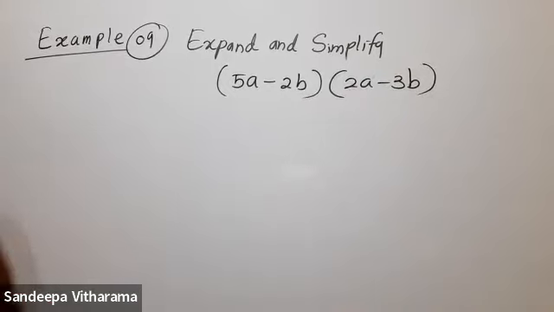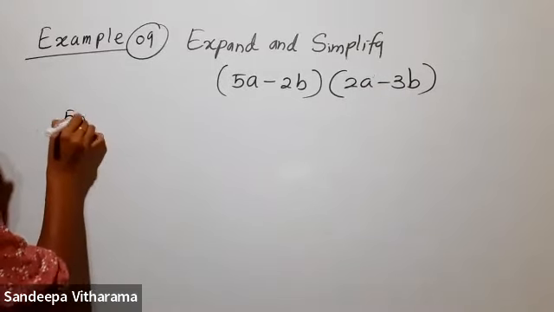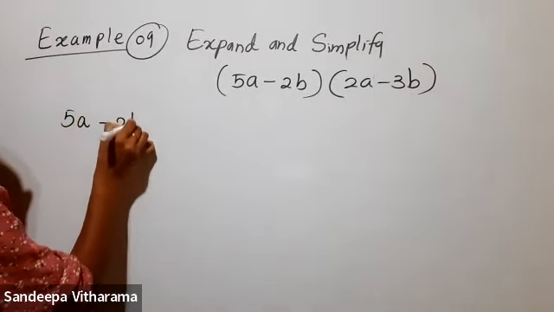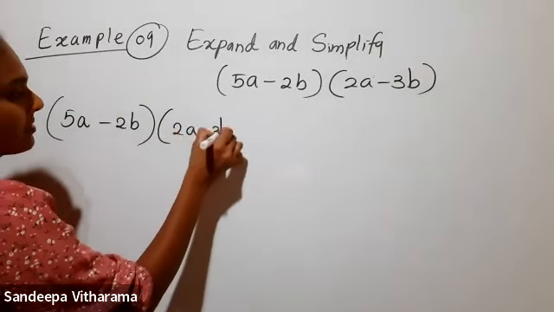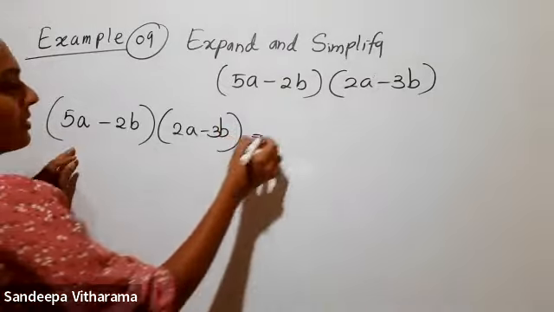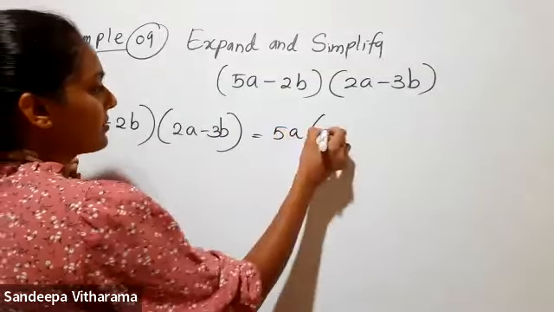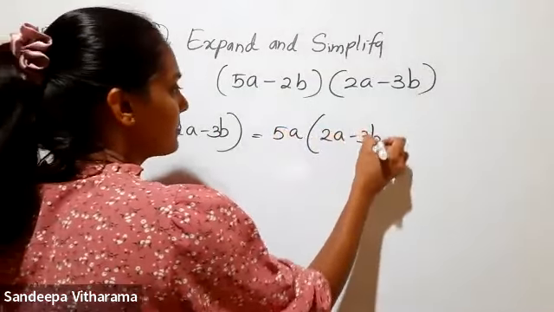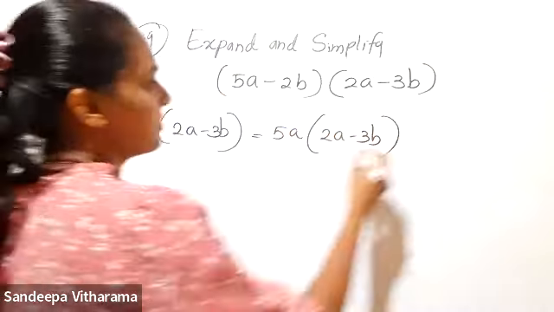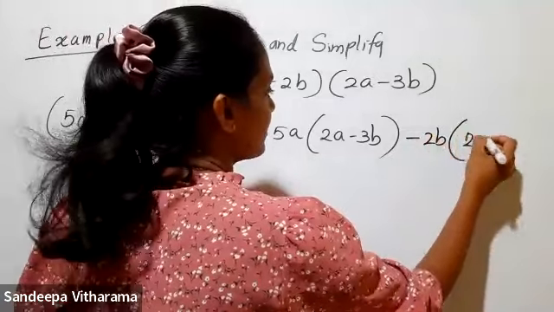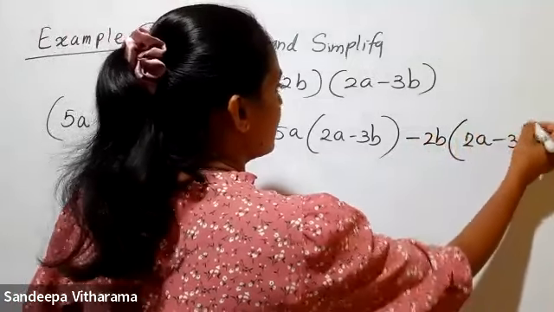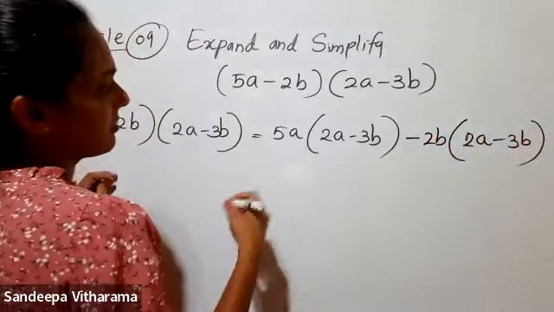Okay, let's see. (5a + 2b)(2a - 3b) = 5a(2a - 3b) - 2b(2a - 3b).